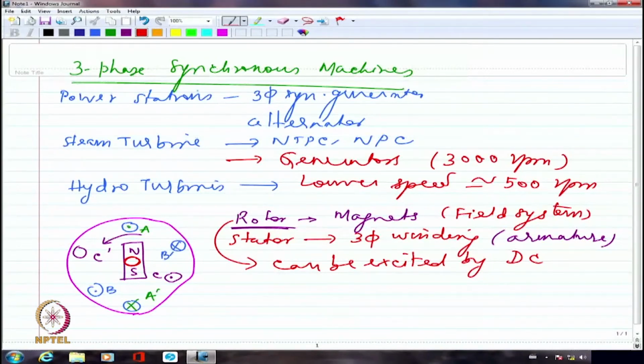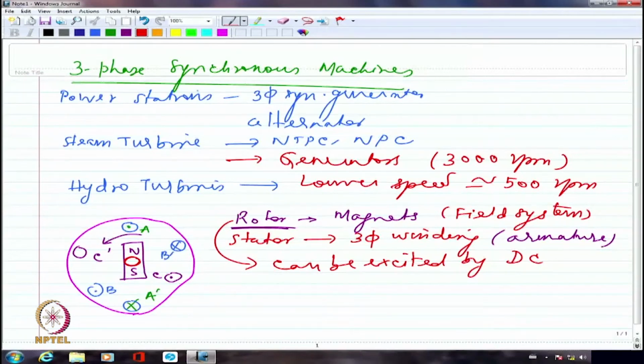So if I want 50 Hertz, this North Pole should come into contact with A phase winding 50 times in 1 second, right? That is when I will be able to get exactly 50 Hertz as the induced EMF in the winding itself.